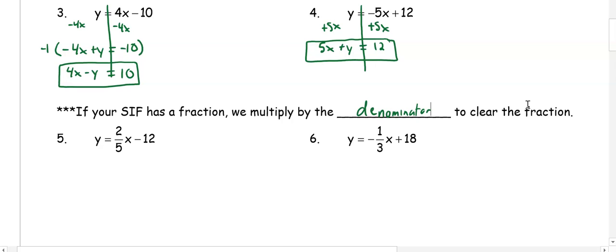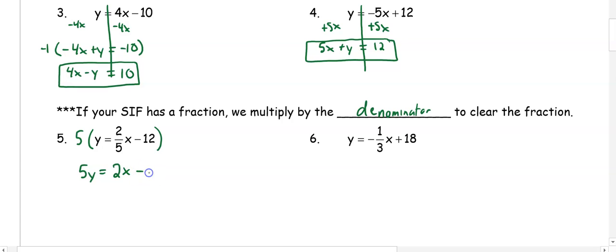So in the first one, because we have y equals 2/5 x minus 12, we want to multiply everything by 5 because that was in the denominator. When you multiply by the denominator, those cancel out, so they're just going to leave you that other number. So we have 5y equals the numerator 2x minus 12.